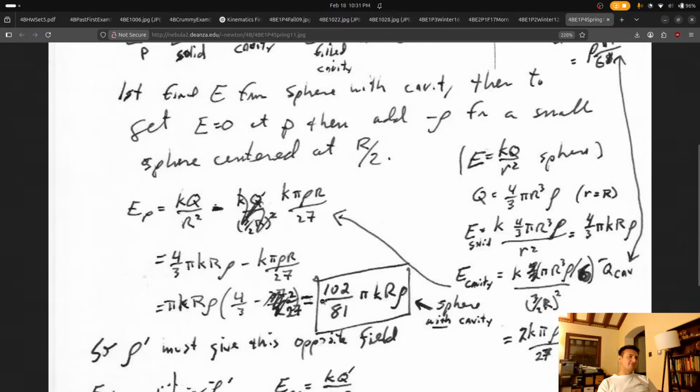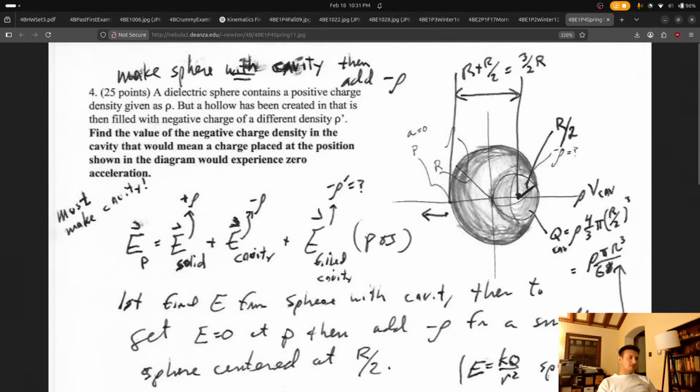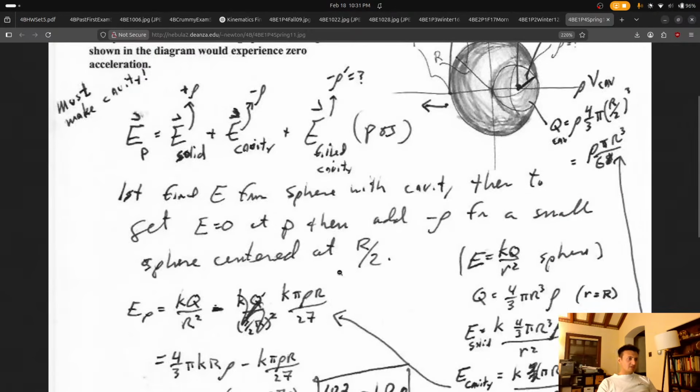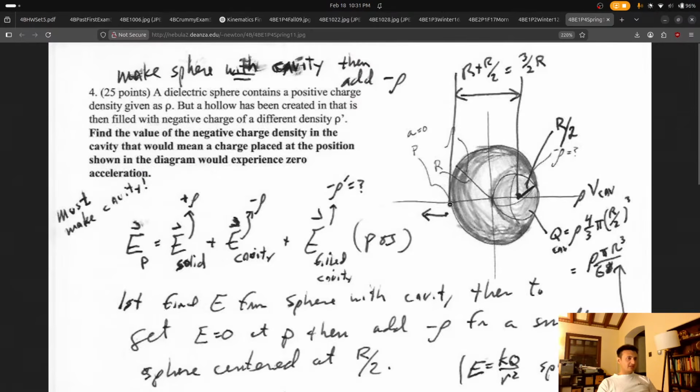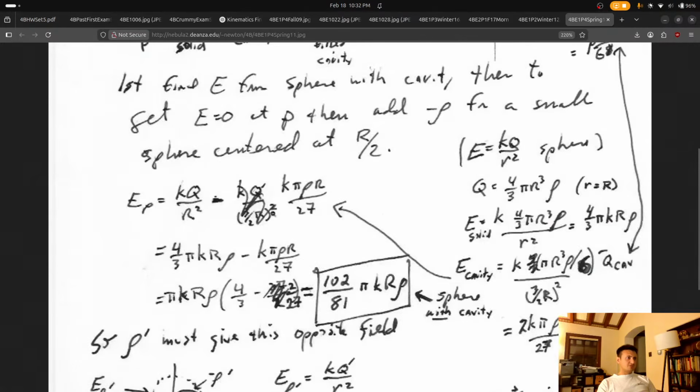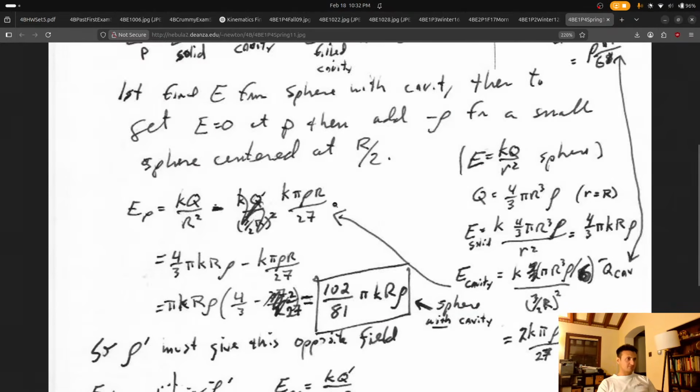It's just a ton of freaking algebra. I could get this part, and then I know this is going to be k. First one is kq over r squared times rho. Wait, what?